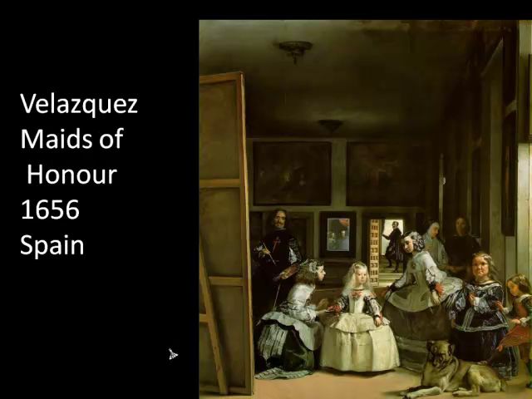Then we can move to Spain, and here we see the court painter Velázquez painting a wonderful work called The Maids of Honor. This painting represents an image of this beautiful young woman, as this is a wedding portrait, in that it's being sent out to many people in Europe who could be potential suitors. They sent the painting out very, very young.